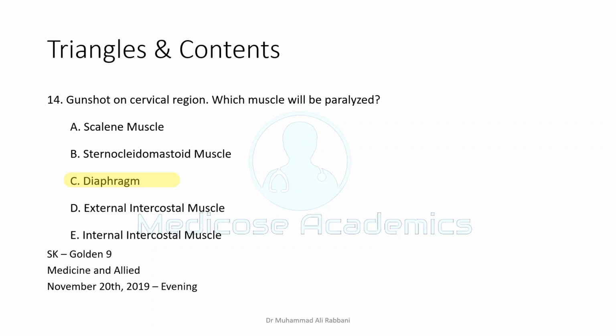And in trapezius, there will be loss of overhead abduction and combing action and shrugging of shoulders and all that. So that option was not present at all. So it gives us a very good leverage. The nerve damage will be phrenic here, and the muscle will be diaphragm paralyzed.